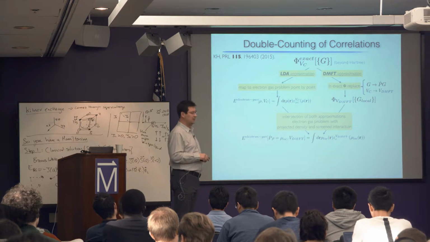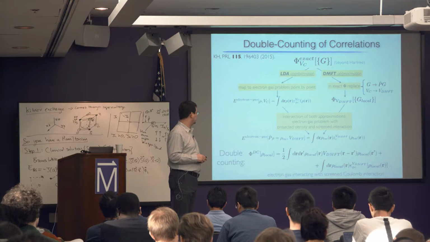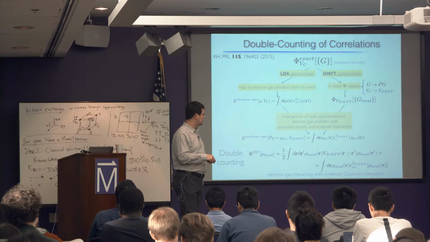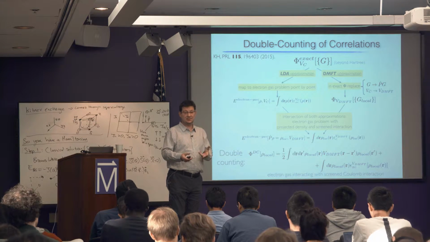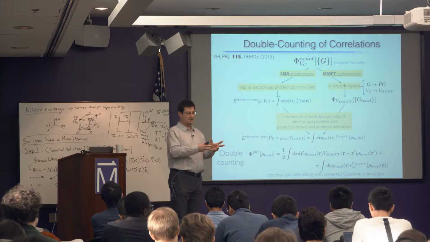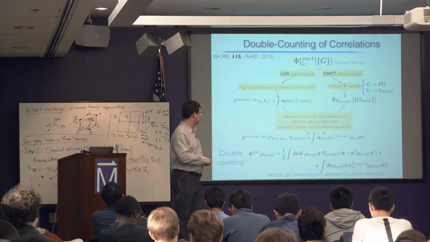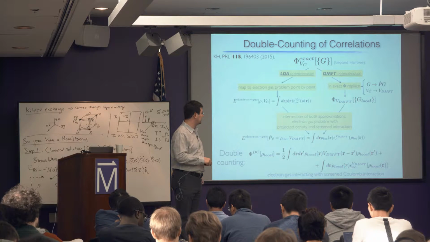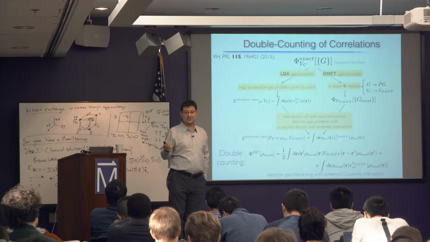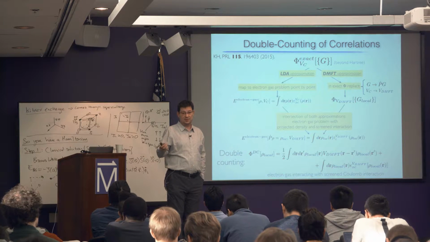And you can write a closed expression for it. And then how do you calculate it? Well, you need to solve the electron gas problem, isn't it? Just like we did the electron gas problem with the unscreened Coulomb interaction, you can also solve the electron gas problem with the screened Coulomb interaction, and at the same time, you have to use only the charge density that corresponds to your correlated orbitals.